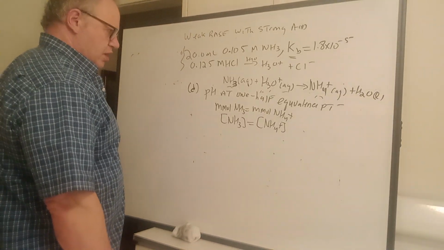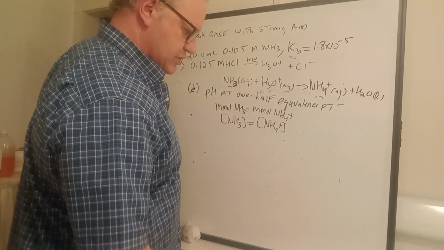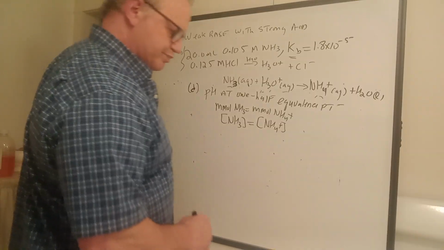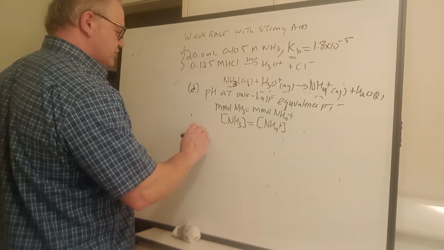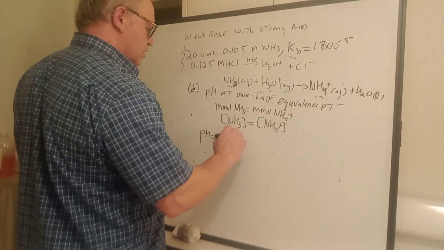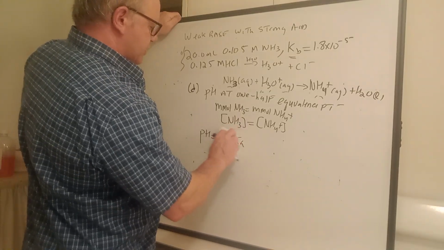And so at that point, the Henderson-Hasselbalch becomes easy, and you can do it two different ways. I'm going to do it this way this time. So let's say you chose to say pH is equal to pKa, I'll just put it in the condensed form.